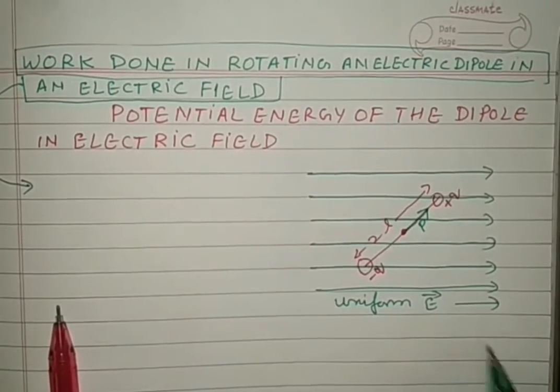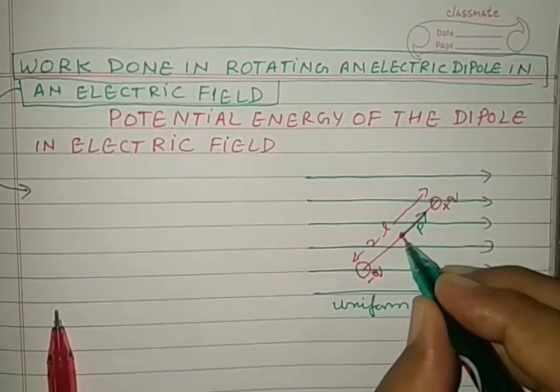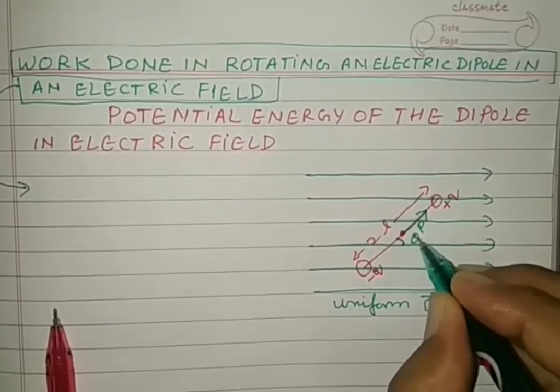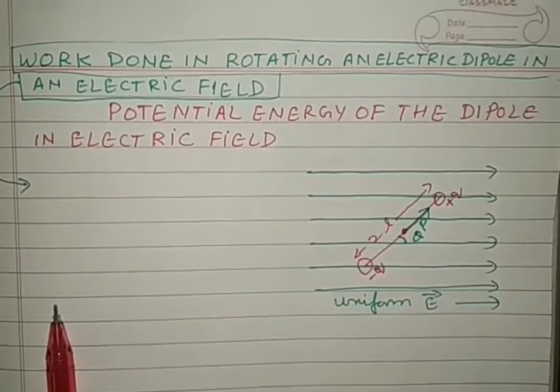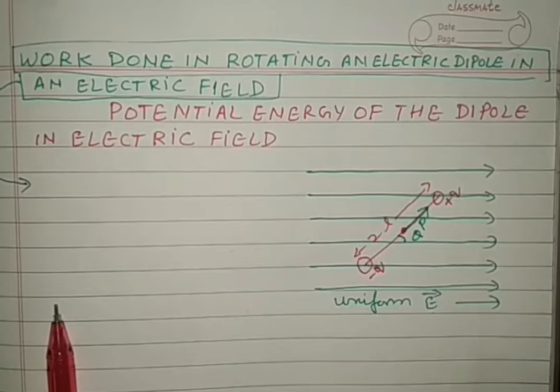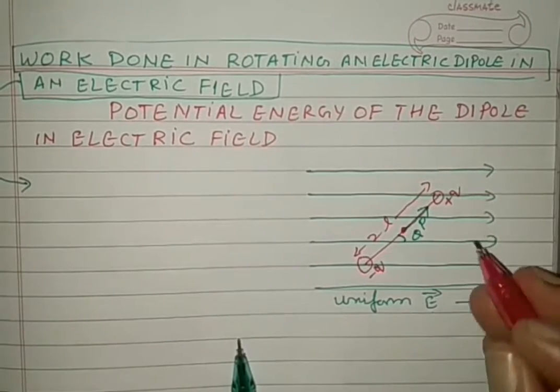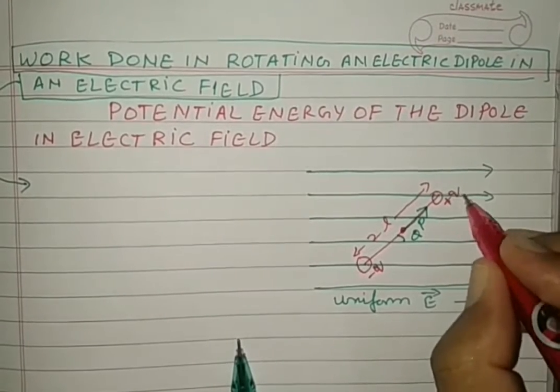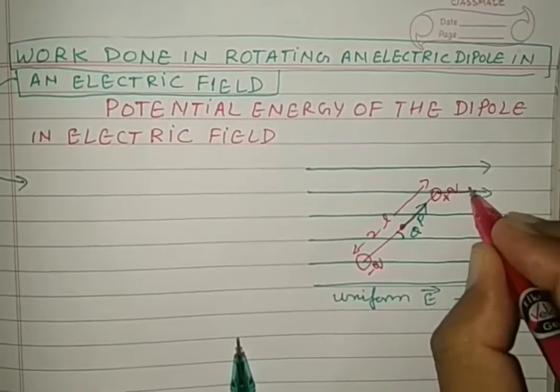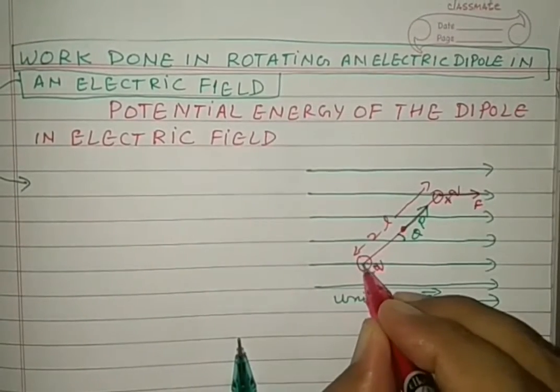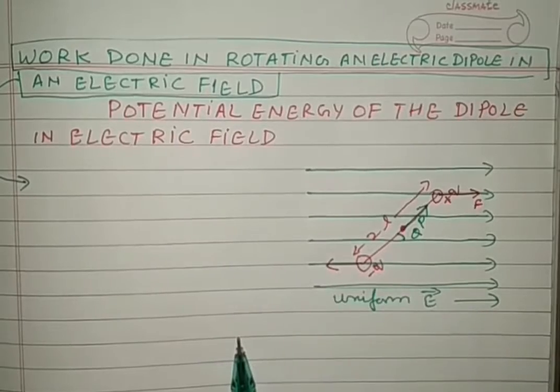So this is the dipole moment, and this is the direction of the electric field. Let this angle be theta. Right? So when it is kept in electric field, it experiences two forces F, one force in this direction and another force in this direction.